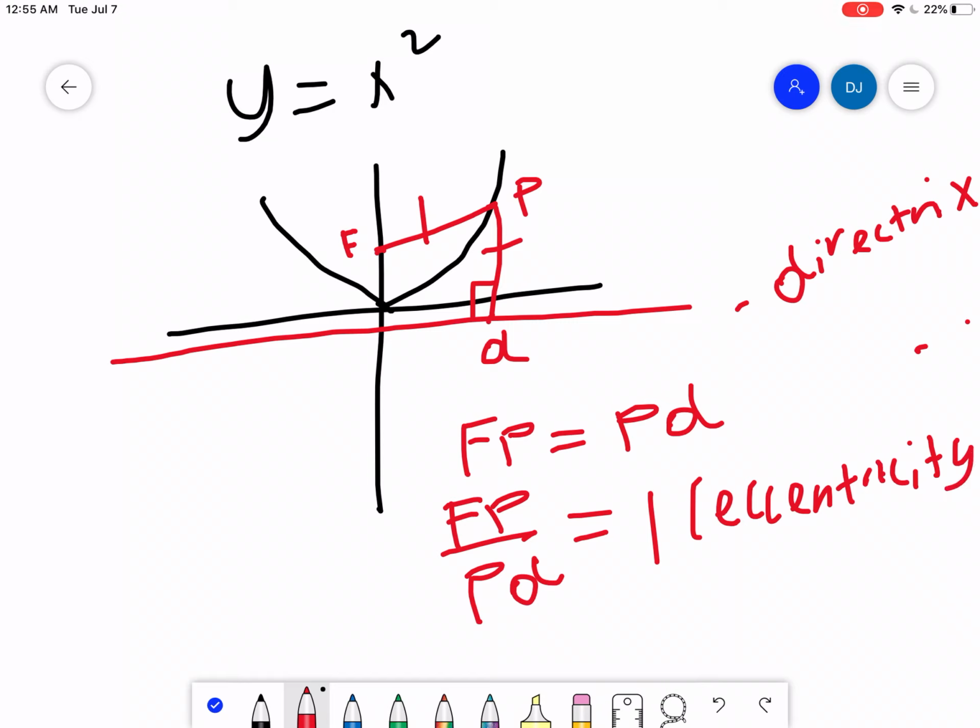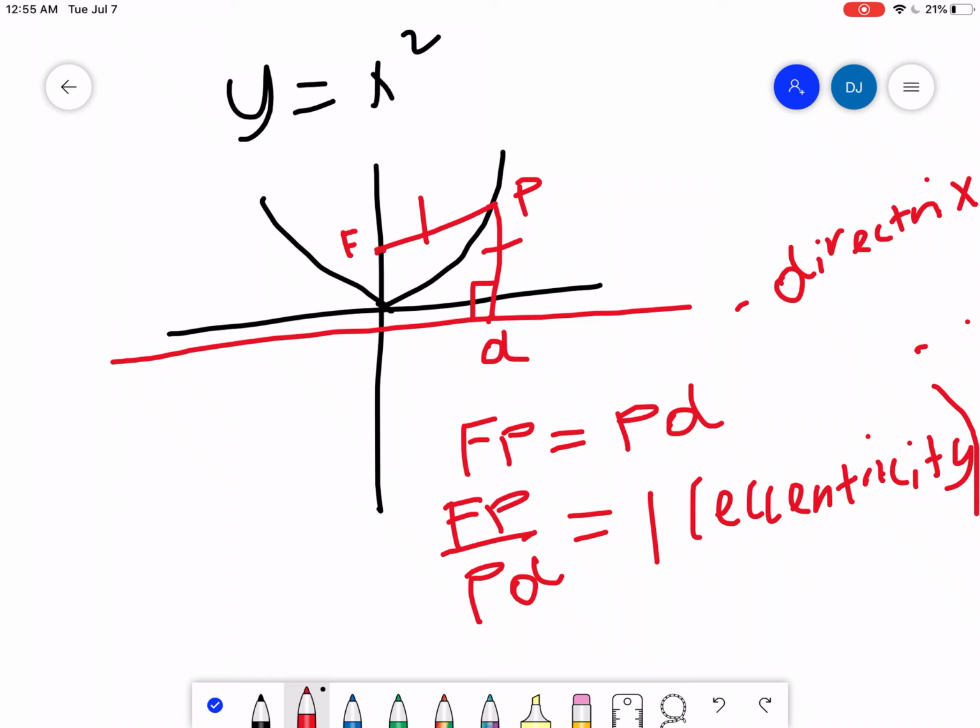And so eccentricity is the ratio of the segment created from the focus to the arbitrary point over the segment created from the arbitrary point to the directrix. Now, in this case, the ratio is 1. And in fact, for all parabolas, the eccentricity, or the ratio, will always be 1 because these segments are equal.